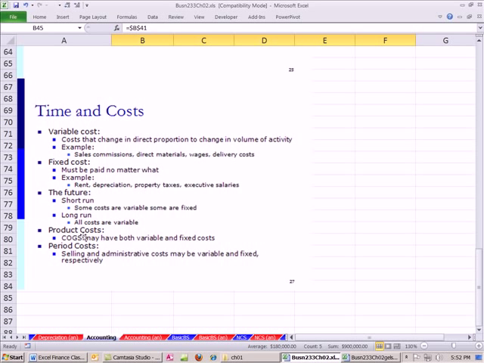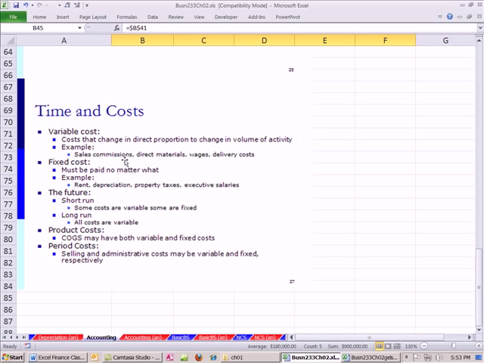What this just means is product cost, for example, could be cost of goods sold. If you're actually a manufacturer, sometimes they mix variable and fixed costs into the product, right? So if you're a boomerang manufacturer, which I used to run a boomerang manufacturing company, the wood, that's a variable cost. The paint, that's a variable cost.